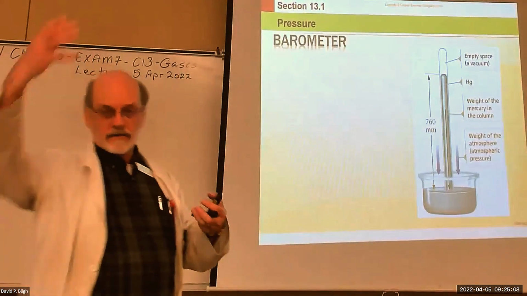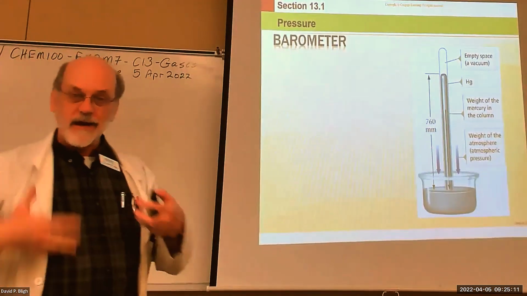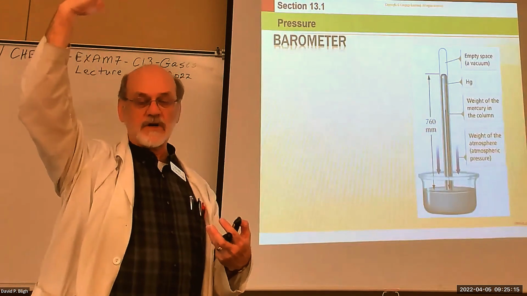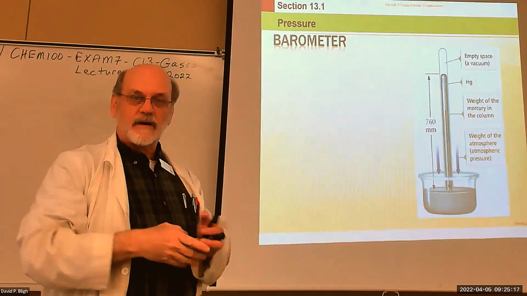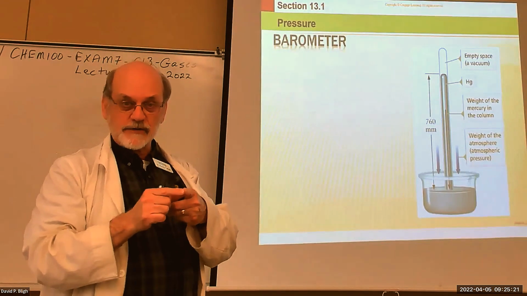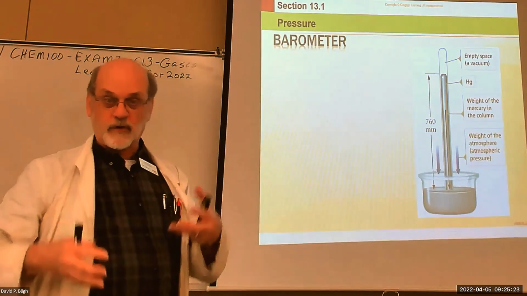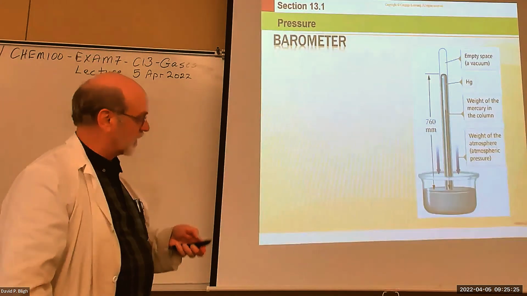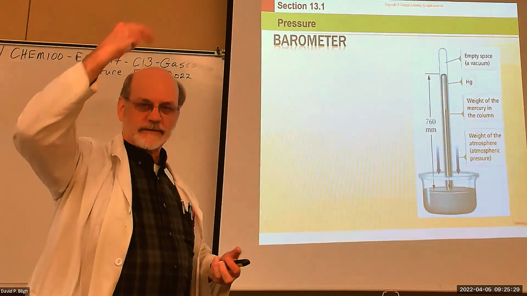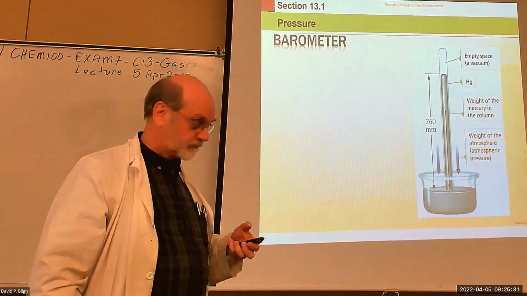There was air above us, and the air has mass. And however much air is above you is bearing down on each square centimeter of the surface of that mercury with a given force. And it's being transferred into the column to hold that mercury up. Okay?